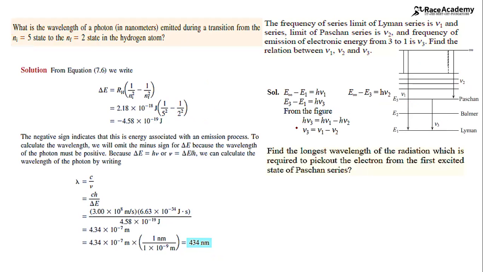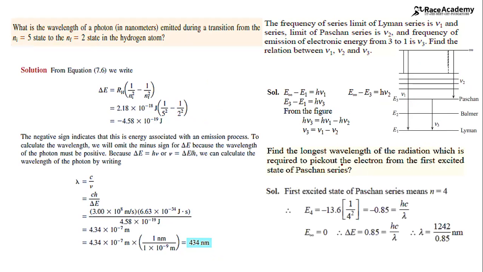Now another one: find the longest wavelength of radiation required to remove the electron from the first excited state of the Paschen series. What are they asking? The Paschen series has n equal to 3, so the first excited state for that is n equal to 4.